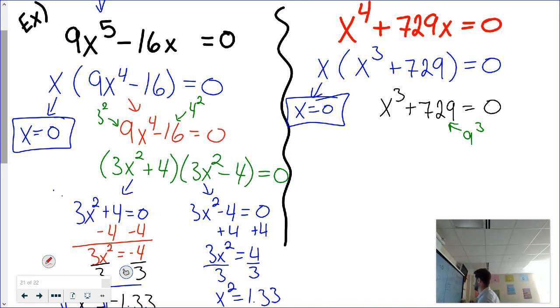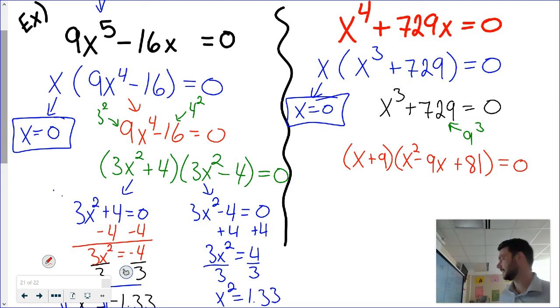And this factors into x plus 9 times x squared minus 9x plus 81. These signs depend on whether there's a plus or minus in my original equation. So since that was plus 729, I used plus minus plus.